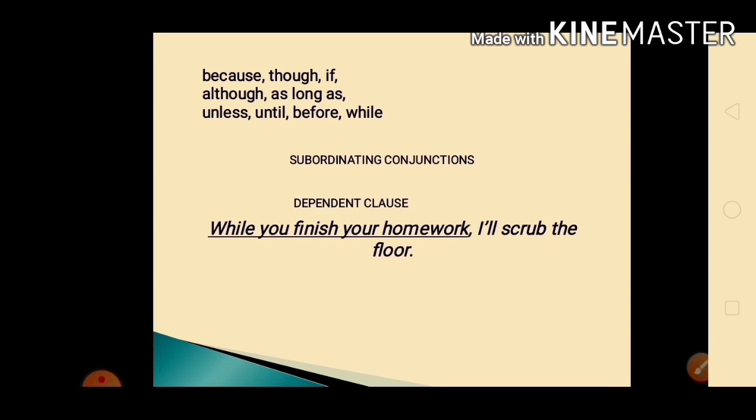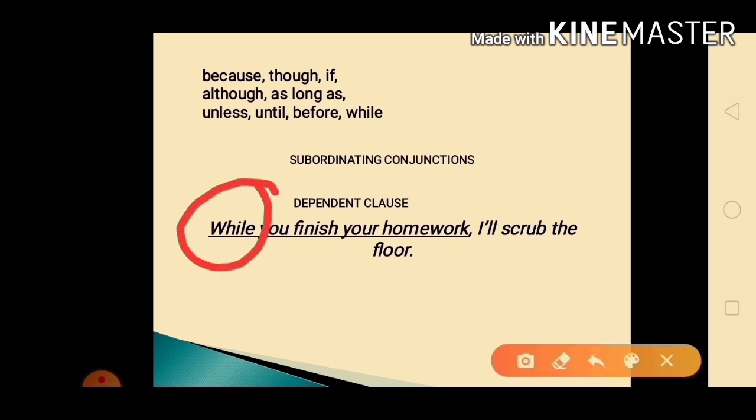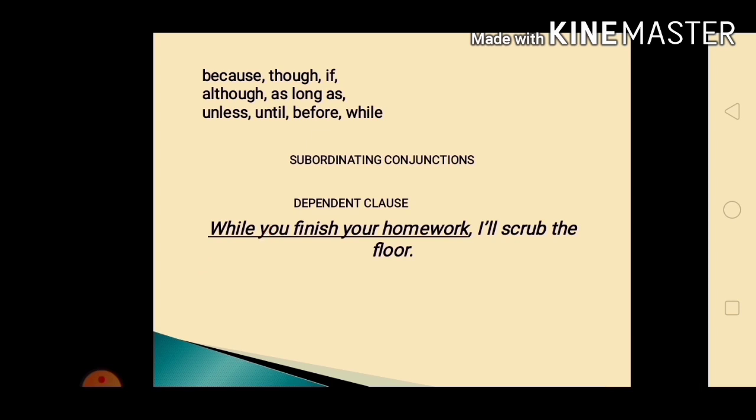While you finish your homework is a dependent clause because of the word while, and that is the use of subordinating conjunctions. It creates a dependent sentence that needs another sentence to make it more complete and to make a complete thought.